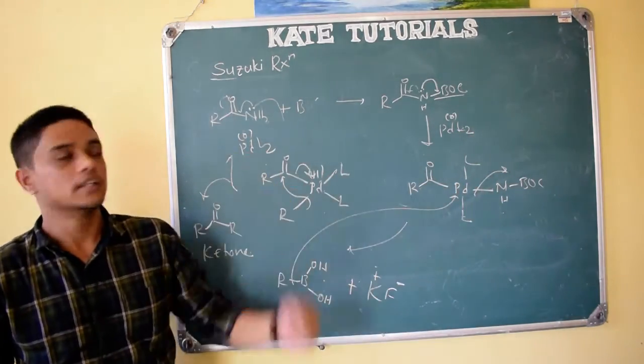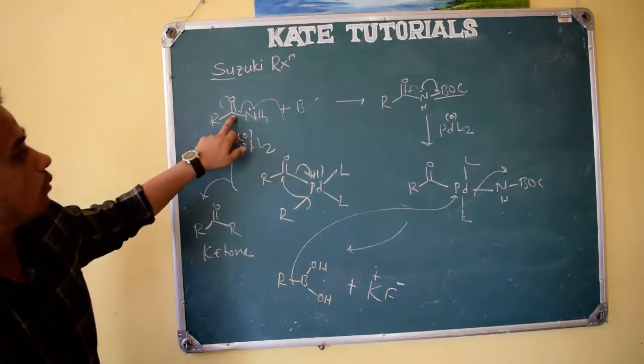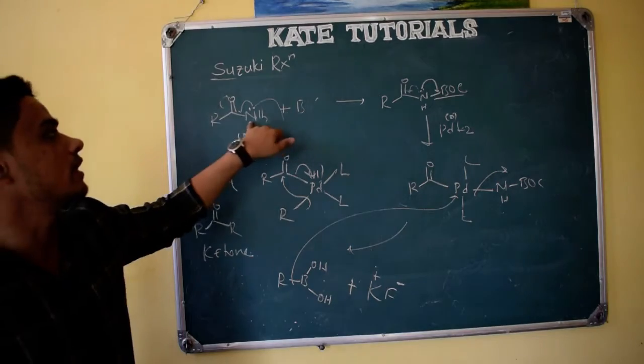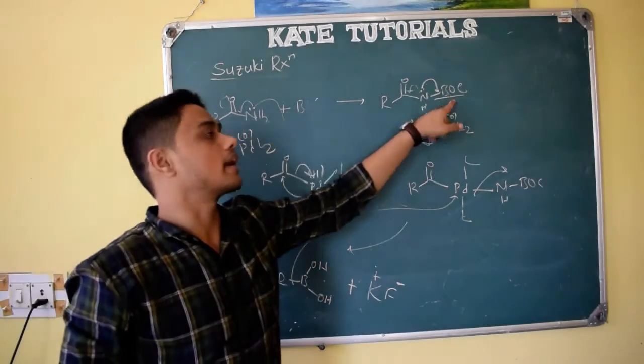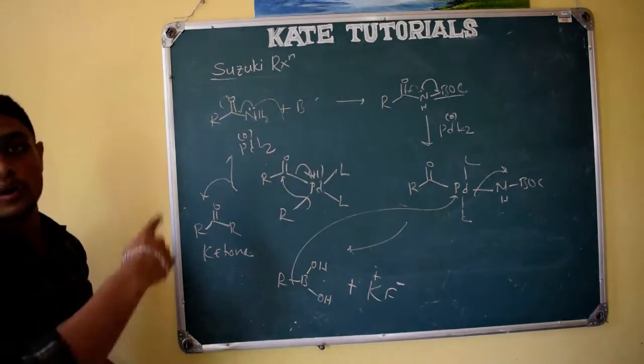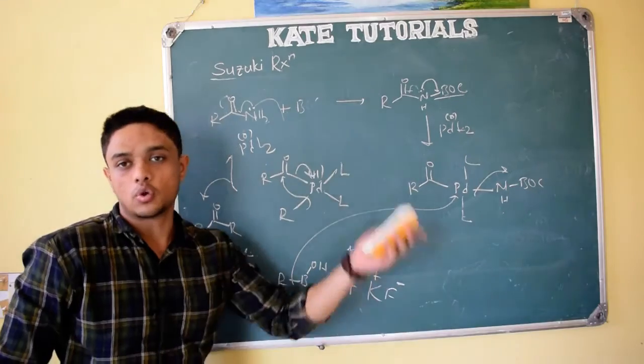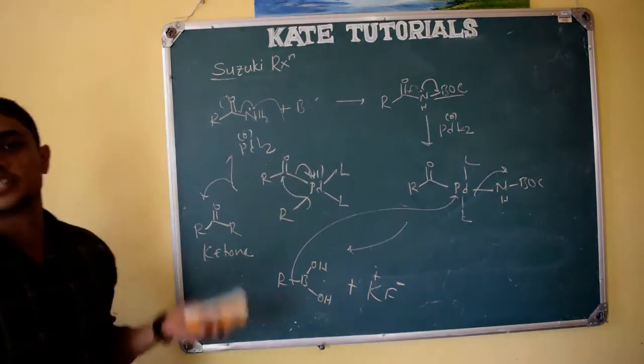That is nothing but the Suzuki reaction, right? So to make this bond weak, he protected the nitrogen with Boc so that the lone pair is involved in that way, right? In this way he made the bond weaker, and instead of using a base, he used KF. So all these are nothing but modified Suzuki reactions, right?